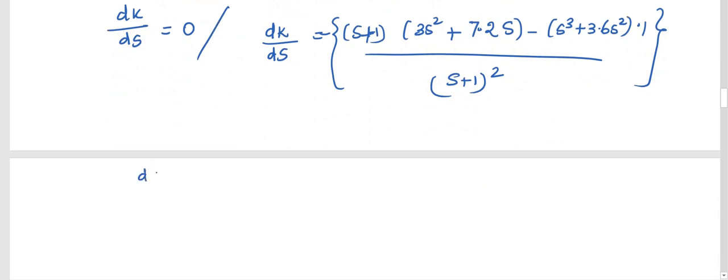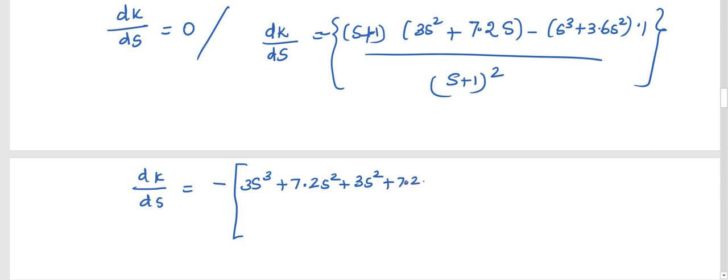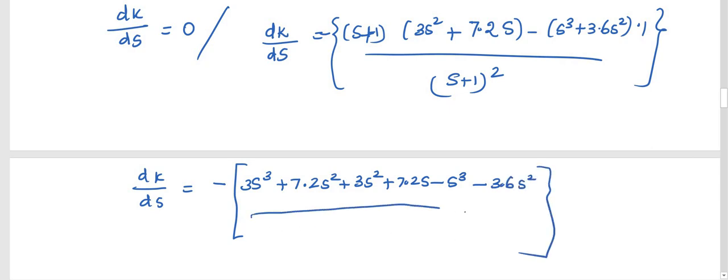So I have to expand this. dk by ds equal to minus of (3s cube plus 7.2 s square plus 3s square plus 7.2s minus s cube minus 3.6 s square), the whole divided by (s plus 1) the whole square.